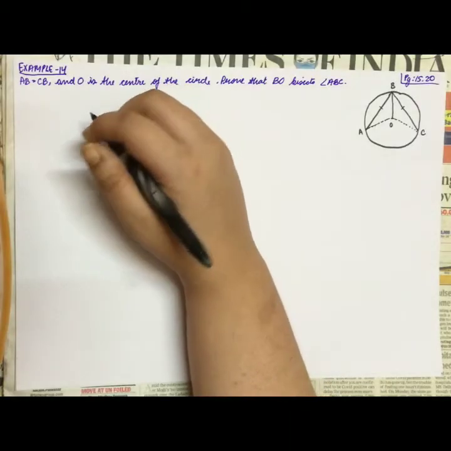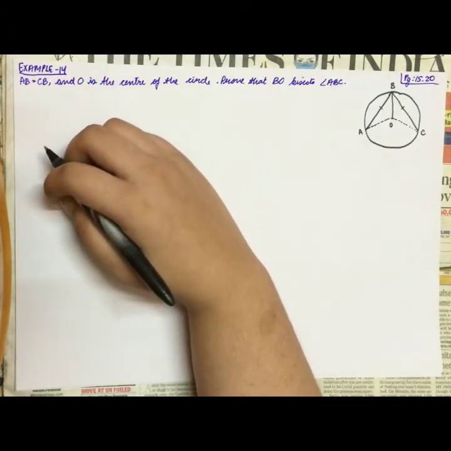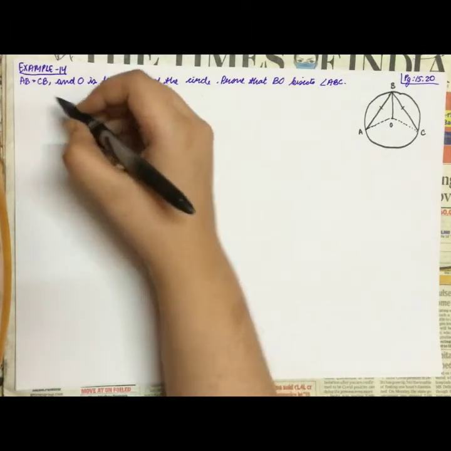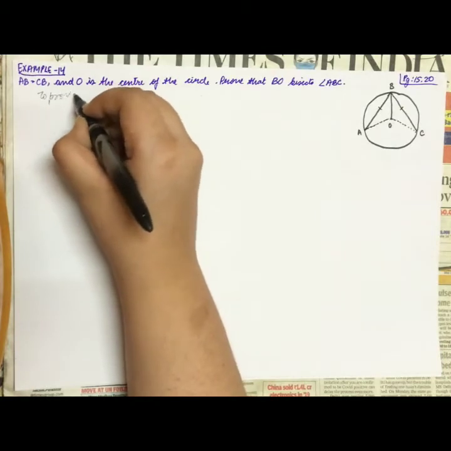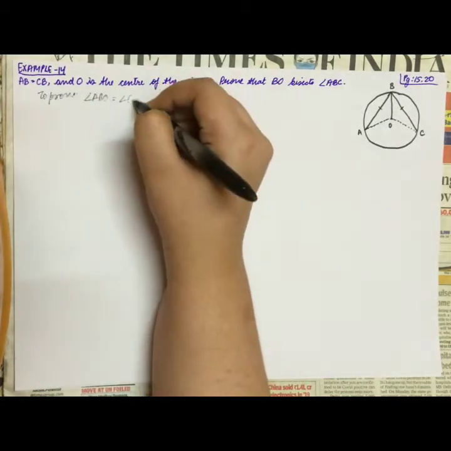Example number 14. AB is equal to CB and O is the center of the circle. Prove that BO bisects angle ABC. So in this we have to prove that angle ABO is equal to angle CBO.